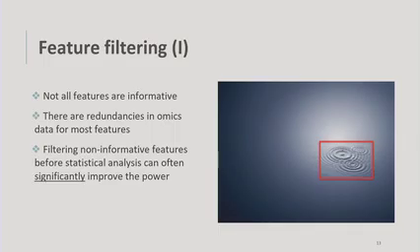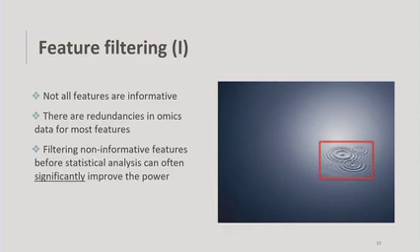Okay, the next step is feature filtering. Especially if we're doing an untargeted analysis and we have like 10,000 peaks or something like that, not all of the features are informative. And there are a lot of redundancies in omics data because we're dealing with a biological system. A lot of features and metabolites are correlated with each other.